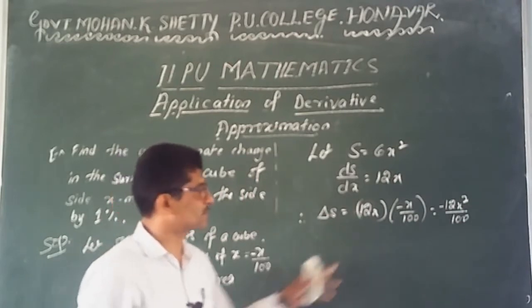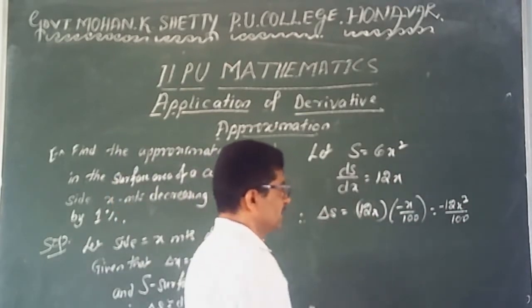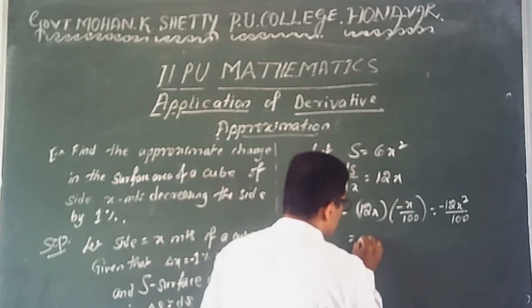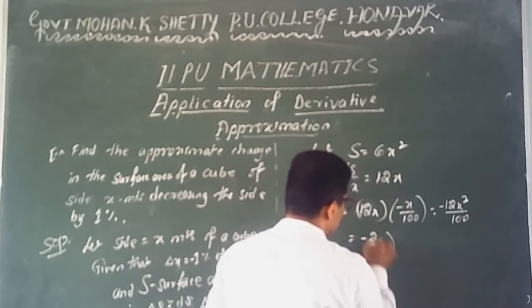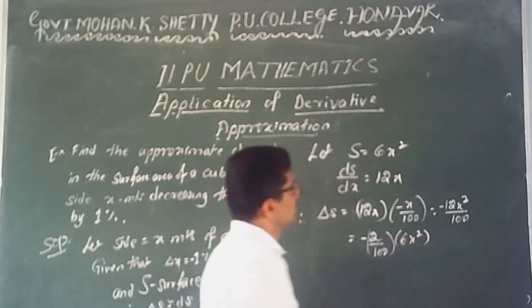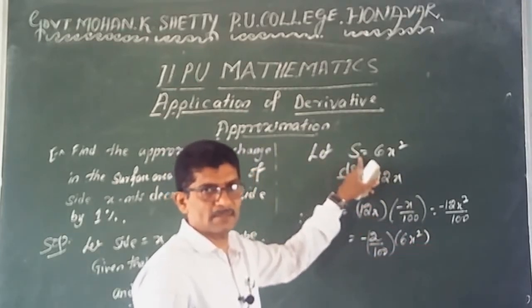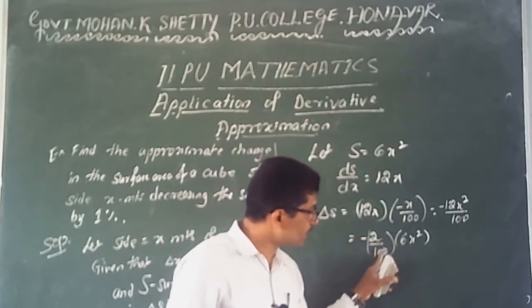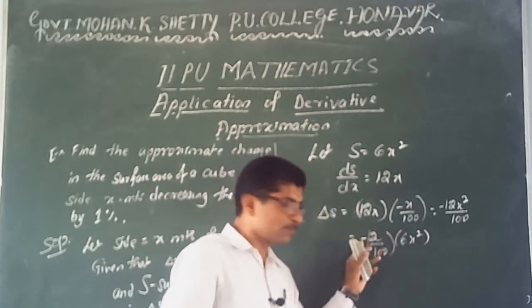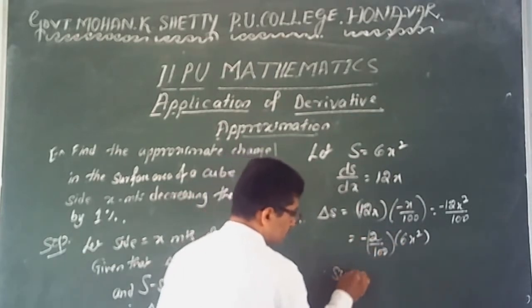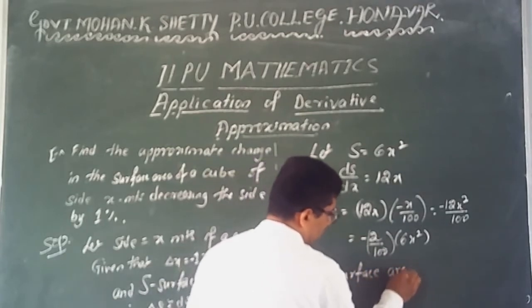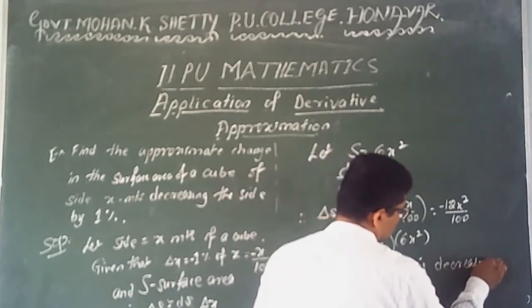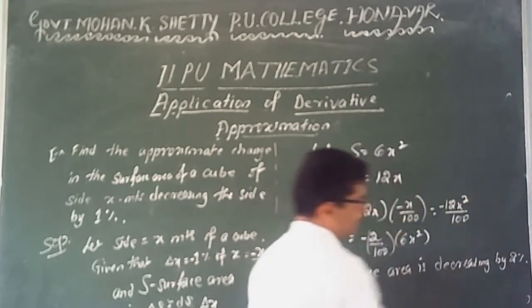Surface area means 6x square, so you can write minus 2 divided by 100 into 6x square. Minus 2 divided by 100 means 2% of the surface area. Minus means decreasing. Therefore, the surface area is decreasing by 2%.